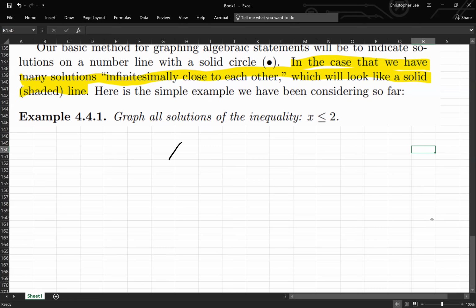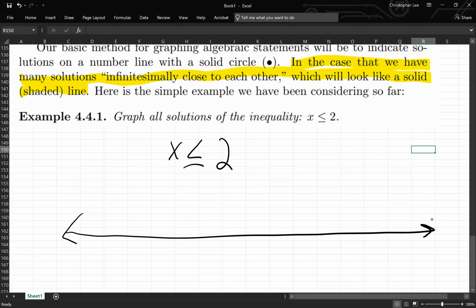So I have x is less than or equal to 2. What I'm going to do is make a number line. Let's say hypothetically that that's 2. The next numbers over here would be 3, 4, 5, 6, and then 1, 0, -1, -2. You get the idea.